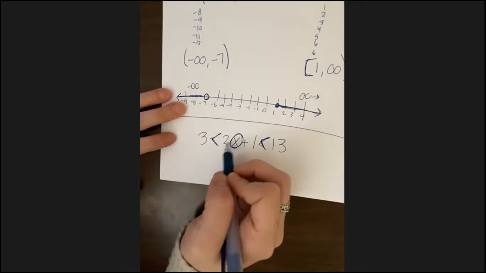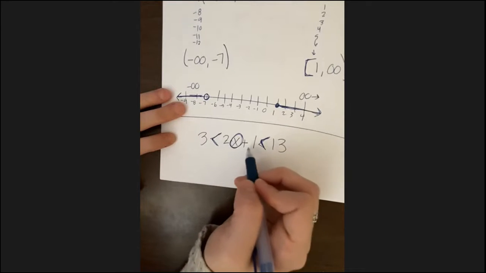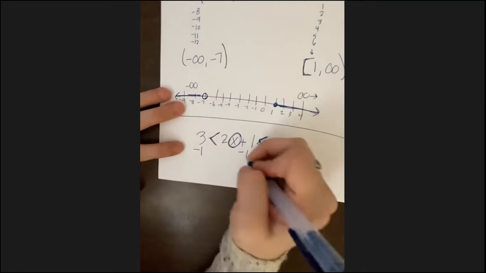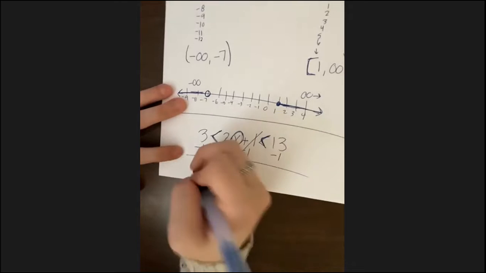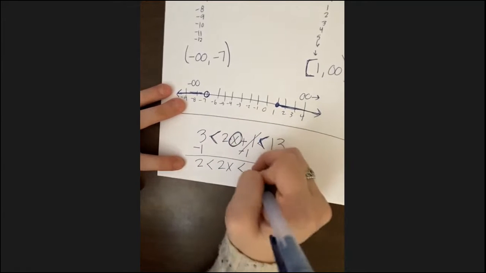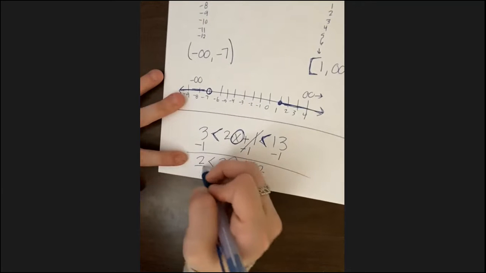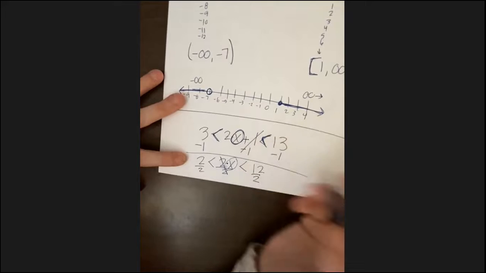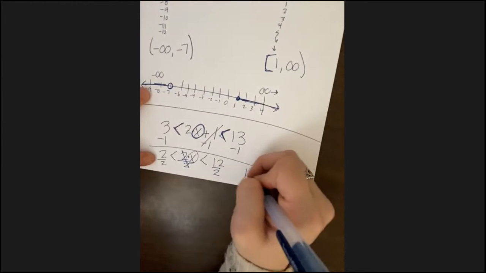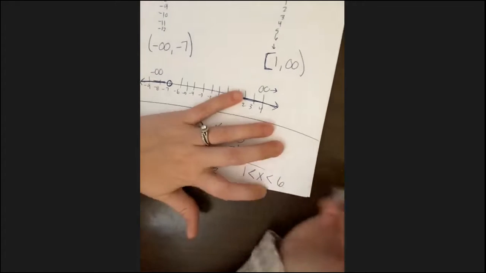Same like the other ones, we can't do anything with that number that's directly with it, so we need to move this positive 1. We minus on both sides. So that crosses out. 3 minus 1, 2, 2x, 12. And then we're trying to get x alone. That's being multiplied. So we divide both sides. And so this answer would be 1 is less than x, which is less than 6.